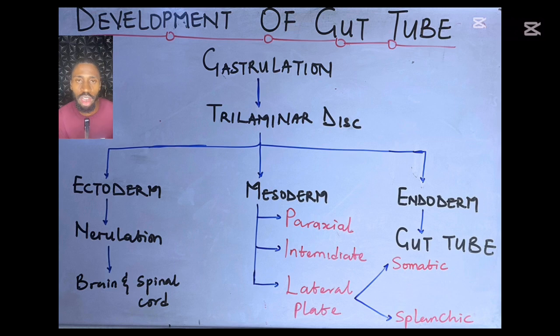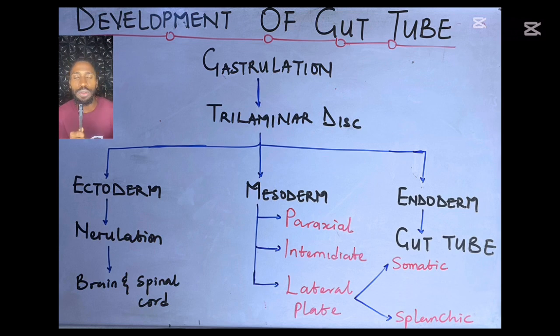While the endoderm goes forward and forms the gut tube. So the ectoderm forms the neural tube, while the endoderm forms the gut tube. Now you have two tubes here, a tube on top of a tube. We are leaving the mesoderm. The mesoderm is just a part connecting and keeping the gut tube and the neural tube intact.